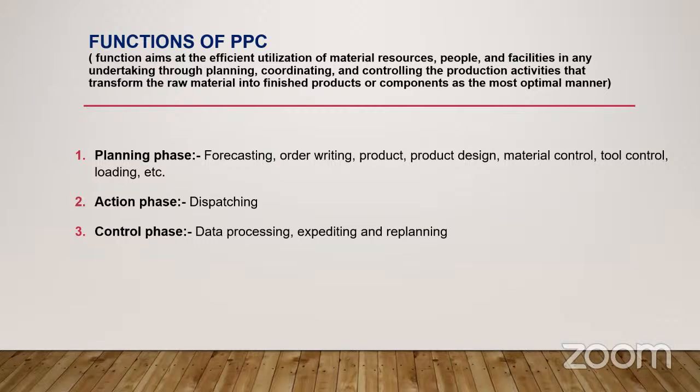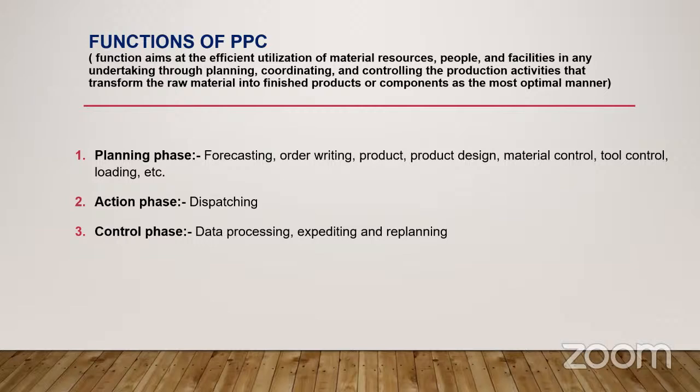The functions aim at the efficient utilization of material resources, people, that means the labor force, and the facilities in any undertaking. It is planning, coordinating, and controlling the production activities that transform raw material into finished goods, finished products or components in the most optimal manner.